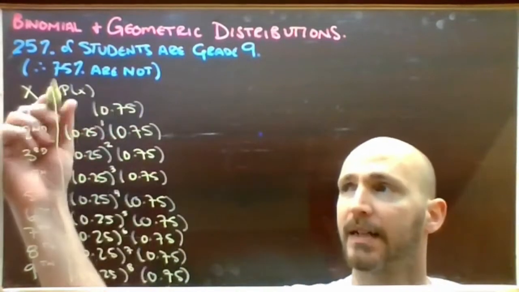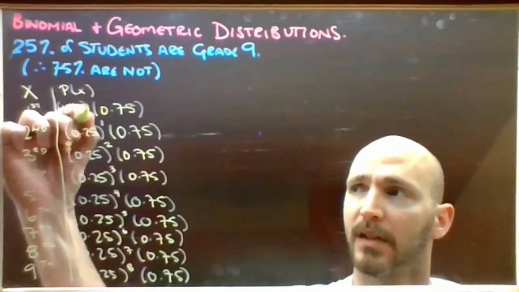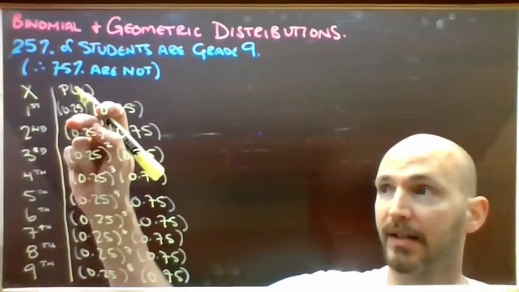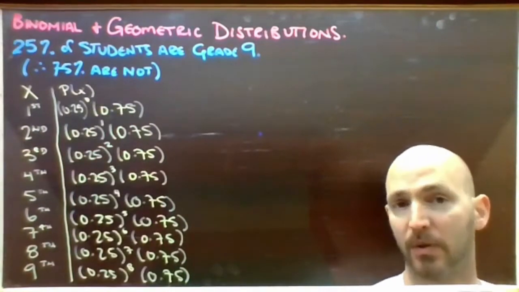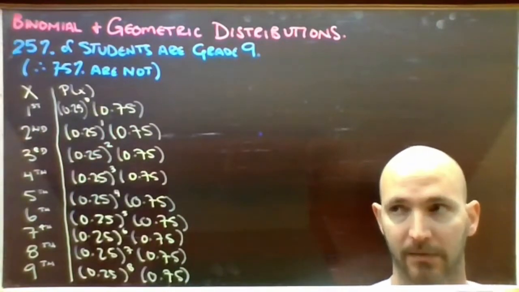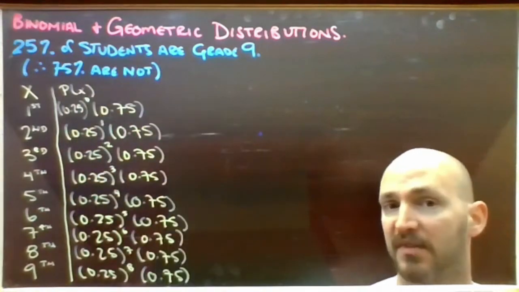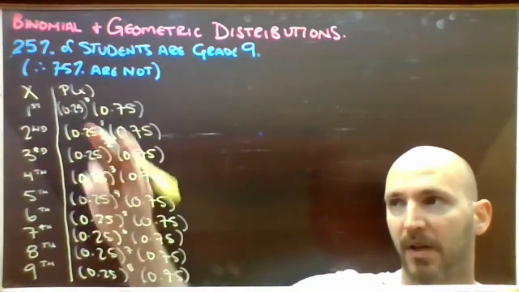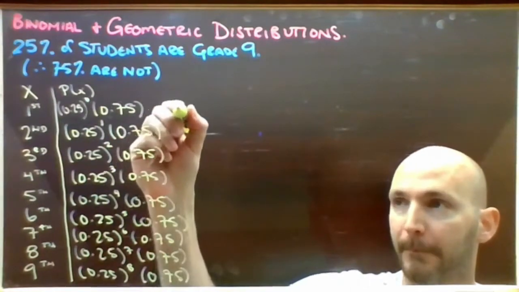I can fill that in. 0.25. How many grade 9s did I find here? Well, I didn't find any. And if you check your exponent laws from grade 11, then any number to the exponent 0 just is 1. So if you're multiplying by 1, it doesn't matter. Check that with your calculator.